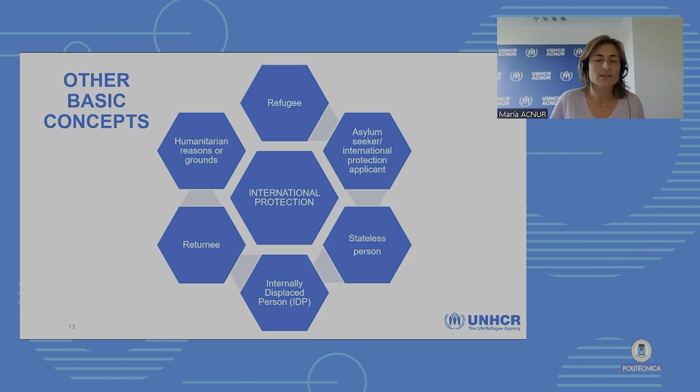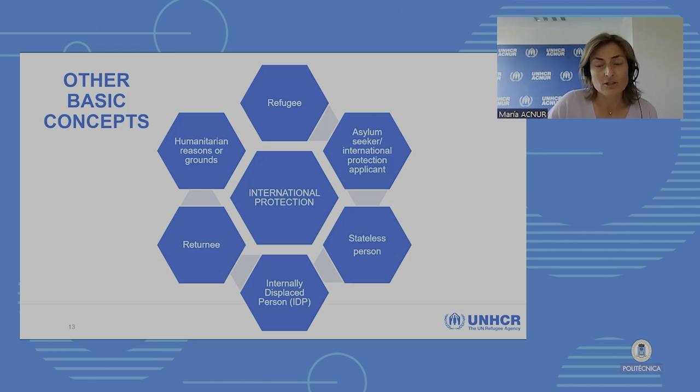What about internally displaced persons, what we call IDPs? What do you think we are talking about when we talk about IDPs? Remember, we talked about the refugee being a person that crosses an international border.